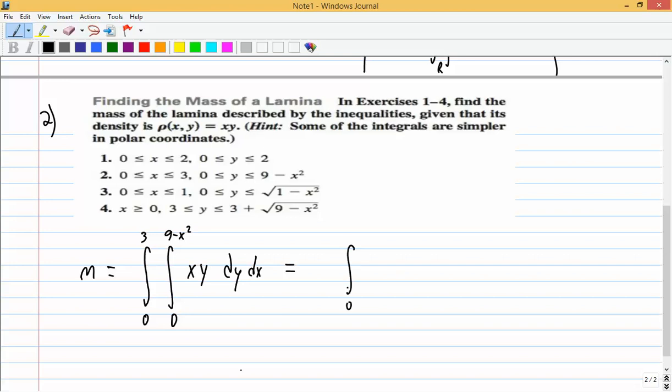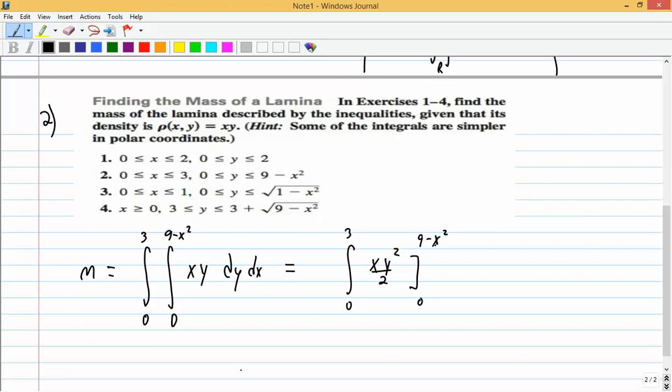So I have the integral from 0 to 3, and that's going to be x times y squared over 2. I'm going to evaluate that from 0 to 9 minus x squared. Now remember, whenever we integrate, we hold x as a constant, but whenever you go to evaluate, you plug in for whatever variable you just integrated.